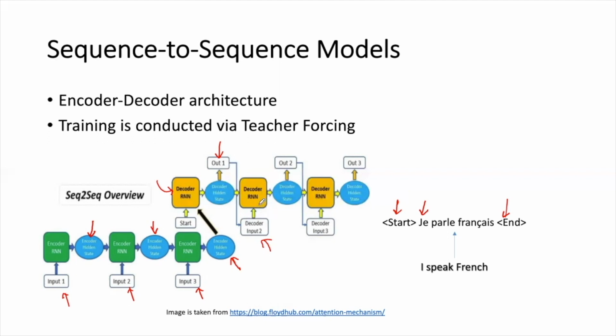We also provide the previous decoder hidden state. These two are taken as the inputs, and we get the next decoder hidden state, and similarly we generate the next output word.